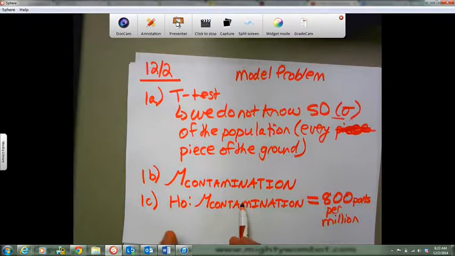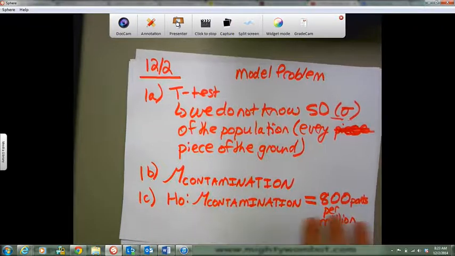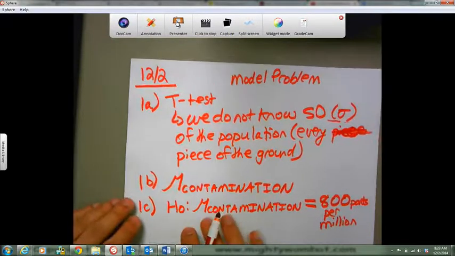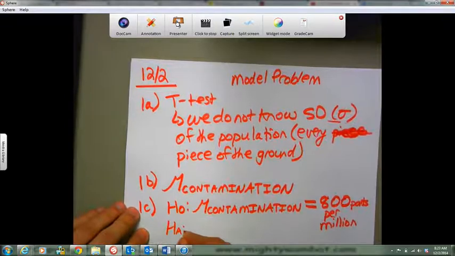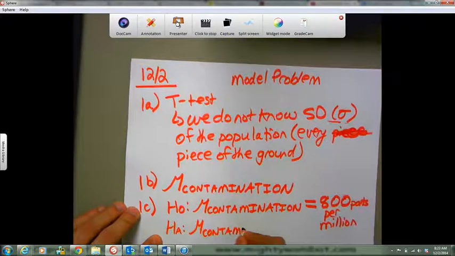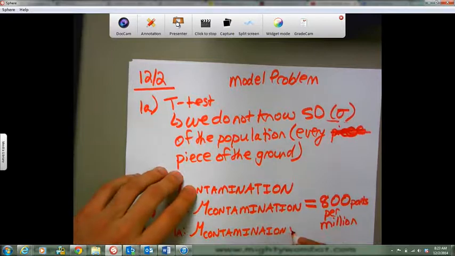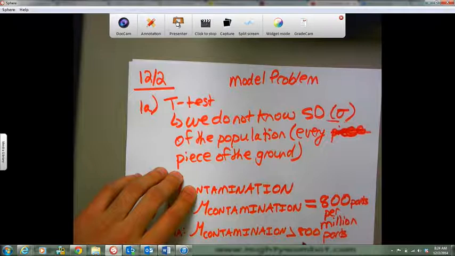We assume things are okay. We assume that the contamination is just 800 parts per million, which is okay, no fine. The alternative hypothesis is that the mean contamination is greater than 800 parts per million.